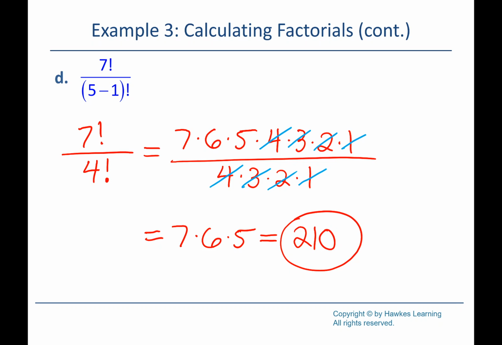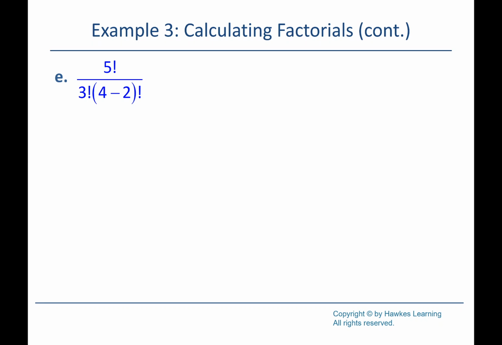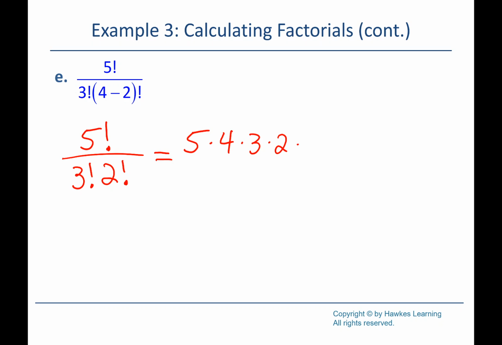And then one more. We've got an E here. And the reason why these last couple are weird, you'll see in a second, is they're setting you up to do a formula. So E here, we've got 5 factorial over 3 factorial times 4 minus 2 factorial. So when we do our subtraction, that's 5 factorial over 3 factorial times 2 factorial. So if we write that one out, and then 3 factorial, 3 times 2 times 1 times 2 factorial, which is 2 times 1.